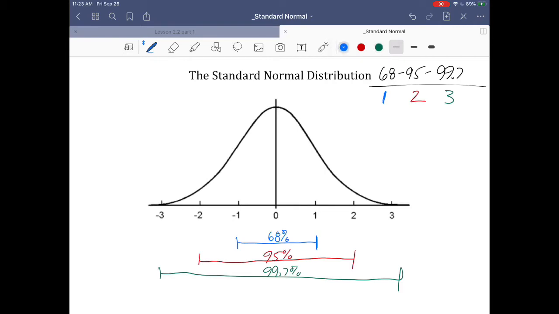Let's get a little more specific. If 68% of the data falls within 1 standard deviation of the mean, that means that 34% falls below and 34% falls above within 1 standard deviation. So how much falls between 1 standard deviation and 2 standard deviations?